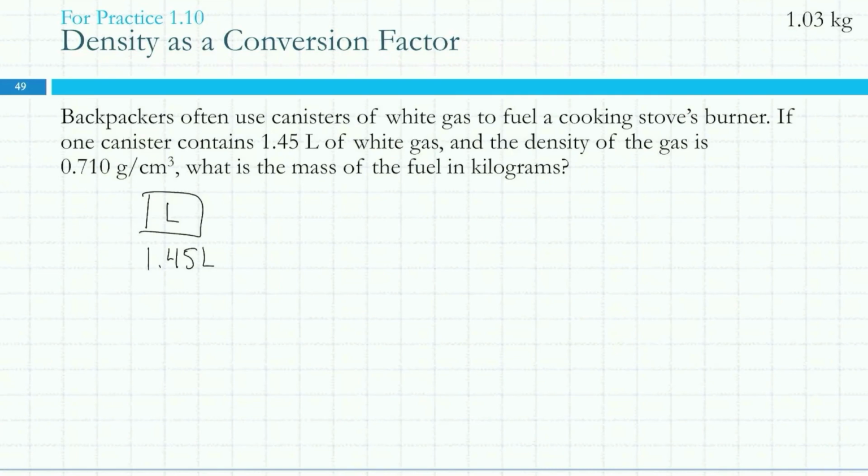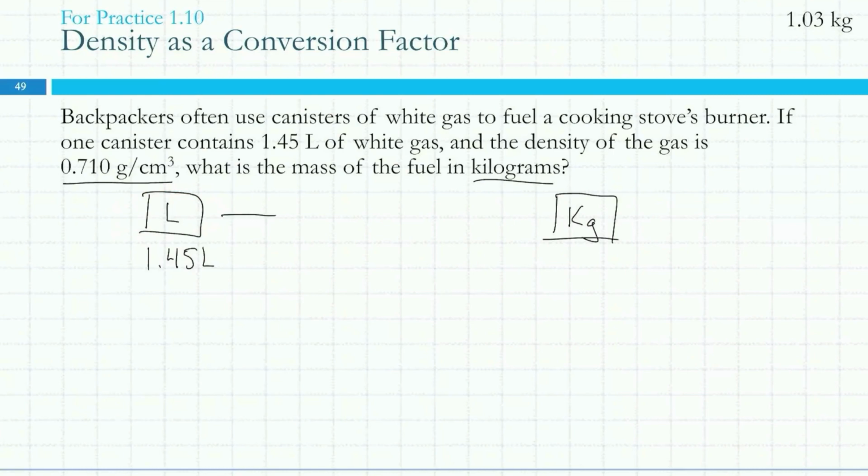Ultimately, yeah, for the end of this problem, kilograms. But as a first step, because we have this conversion factor here, density, that gives me grams per centimeters cubed. So grams is a unit of mass. Centimeters cubed is actually a unit of volume. So that's the key between liters, which is also volume, and getting to grams.